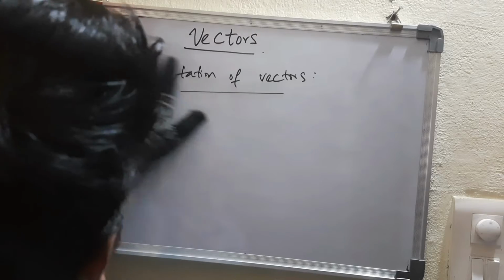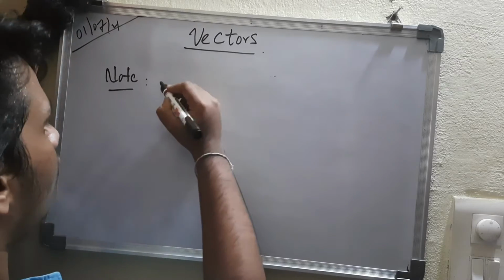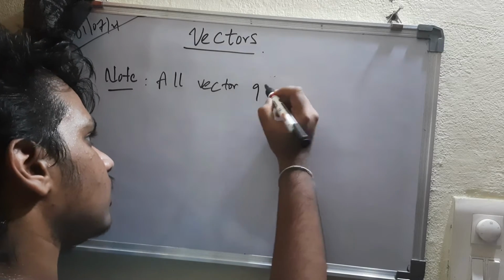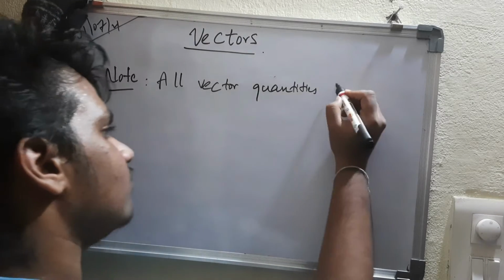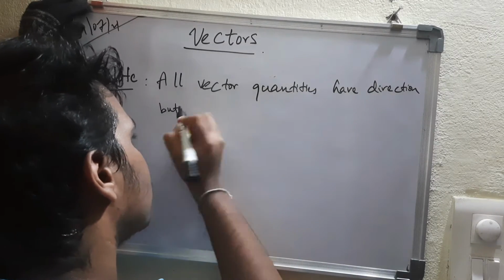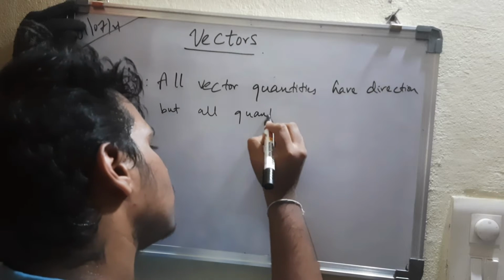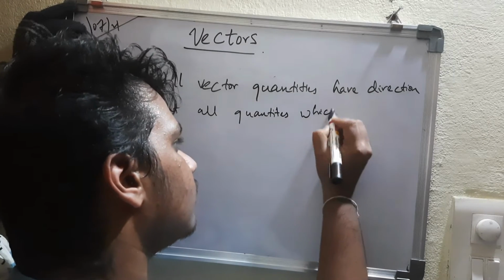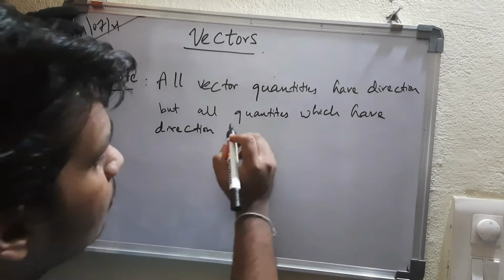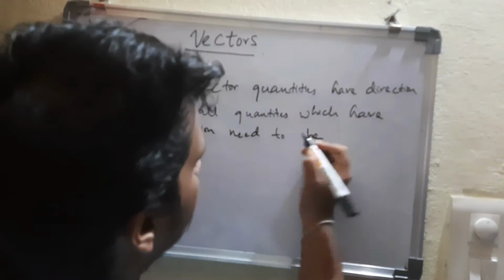Now some important note points. All vector quantities have direction, but all quantities which have direction need not be vector quantities.